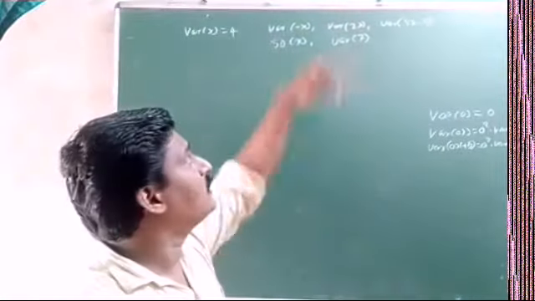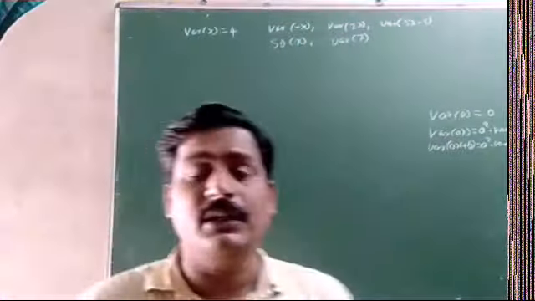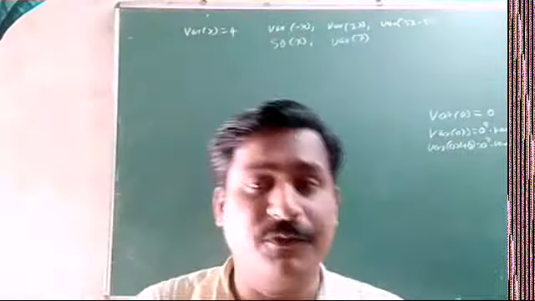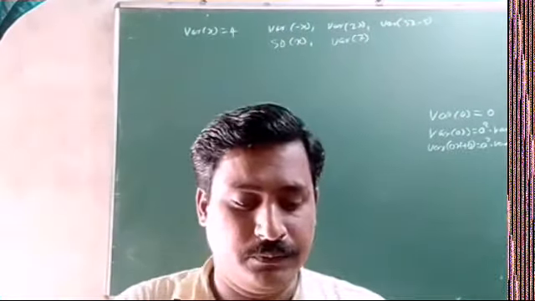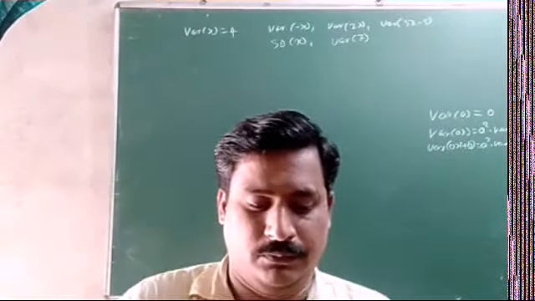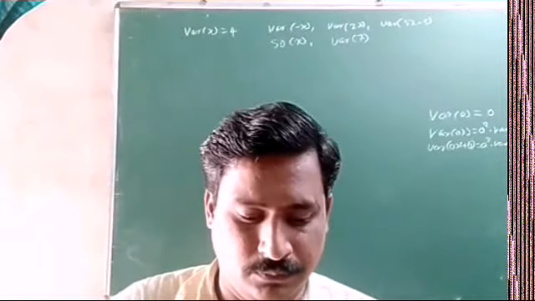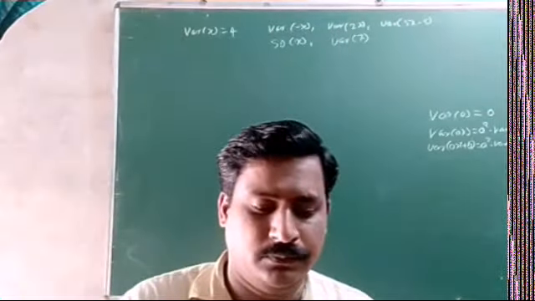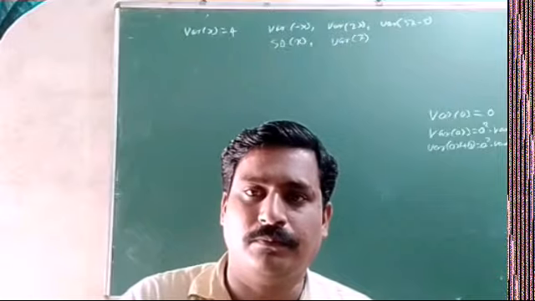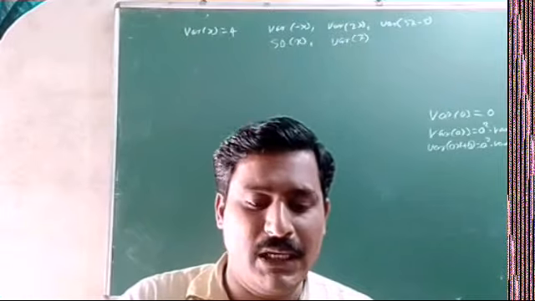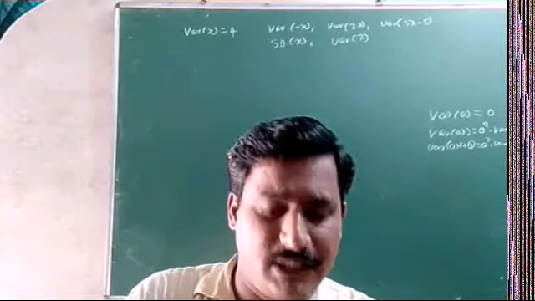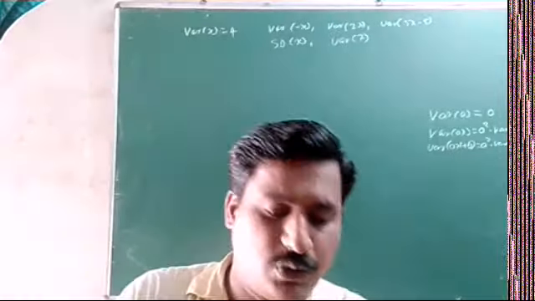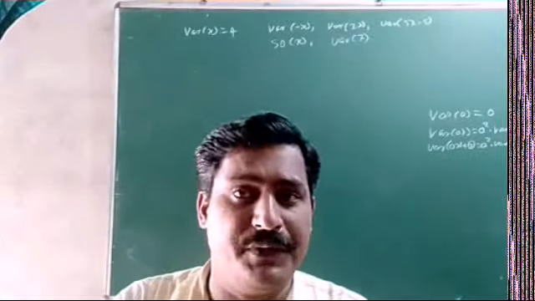Now, variance of minus x. So, variance of x is 4. Now, variance of minus x. Is it minus 4 only, or is it a positive value? Variance means it's nothing but the square of standard deviation.